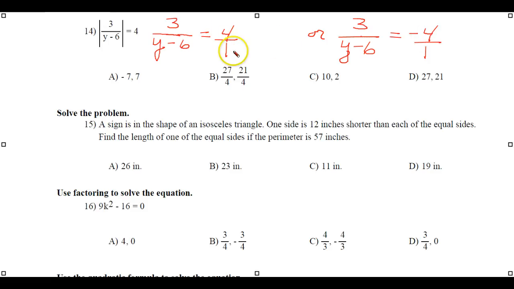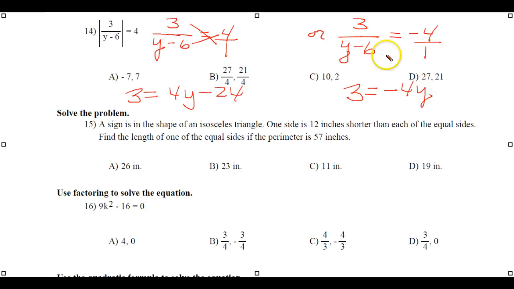But you could put 4 over 1, 4 over 1, and you can just cross multiply. So this would be 3 equals 4y minus 24. Just cross multiply. And here this is 3 equals a -4y plus 24. And then you solve each one.